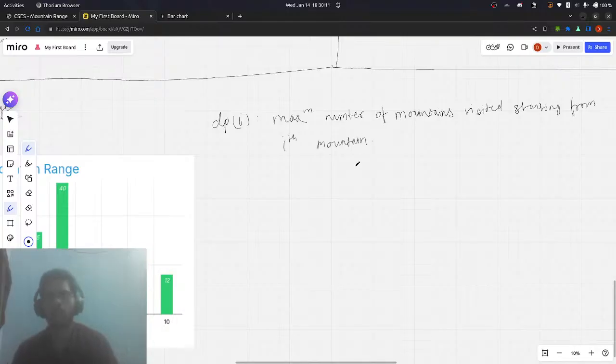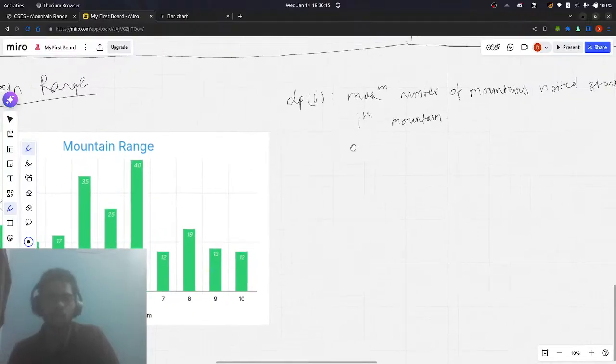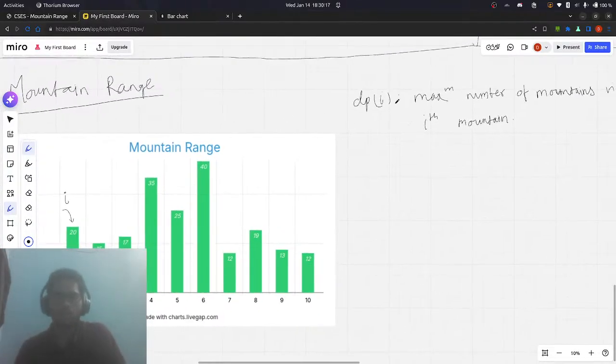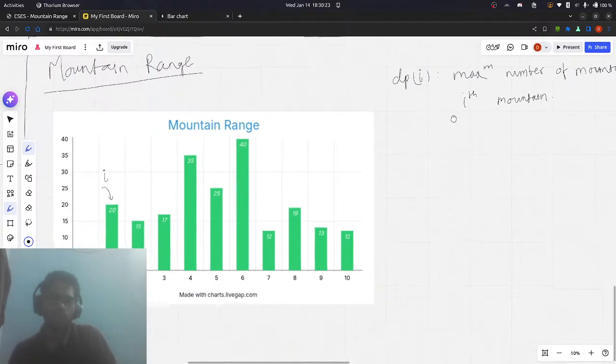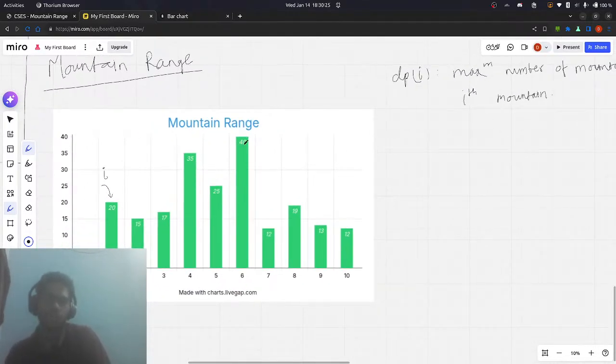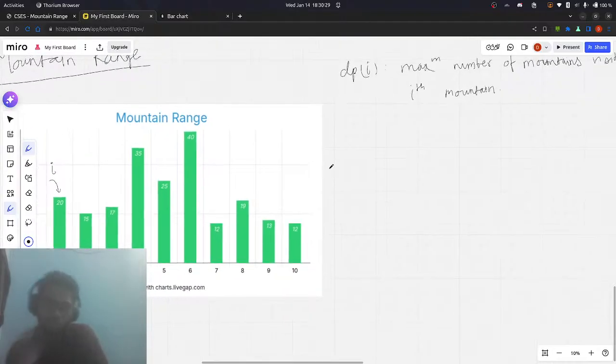Okay, maximum number of mountains visited starting from ith mountain. That is done. So we started from 40.